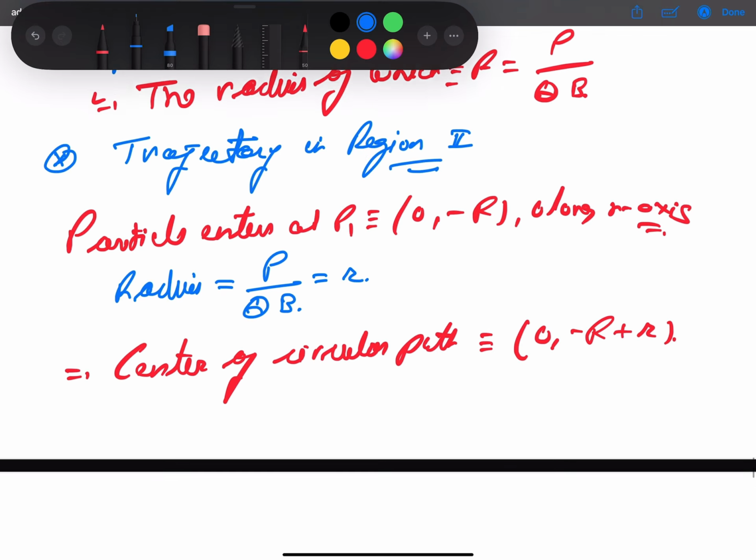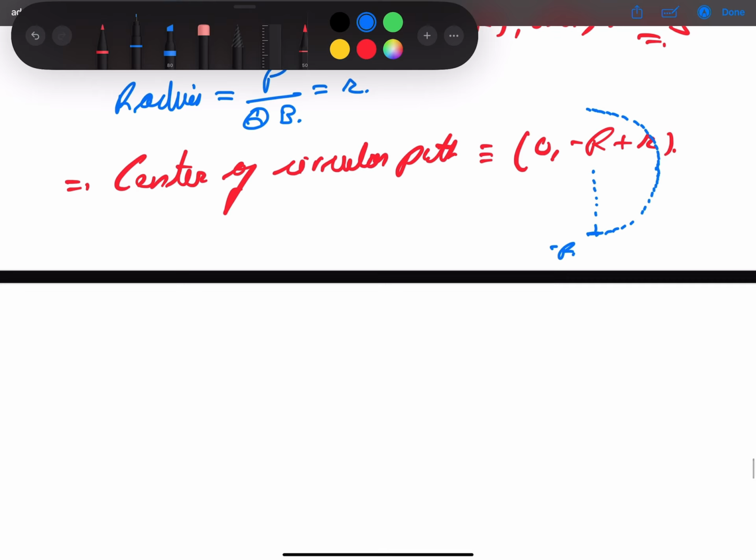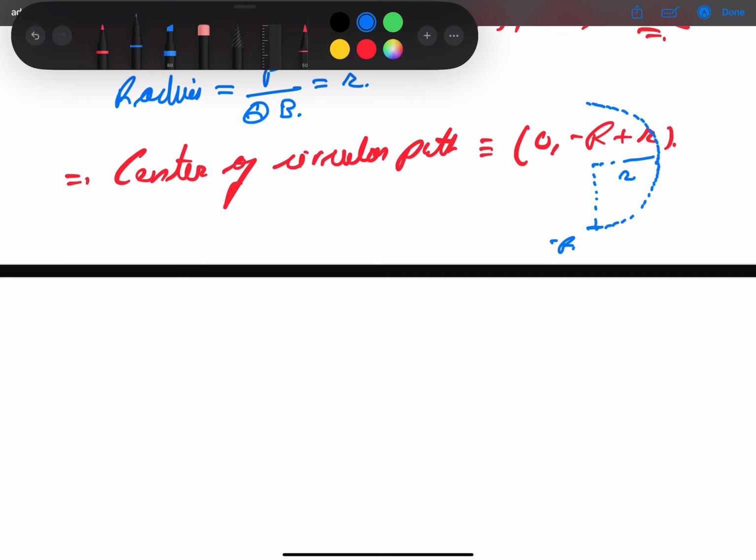So this will be the radius of the circular path, and the charge is entering from here. This is our minus r, and it will be going in this direction. And this will be the small r.